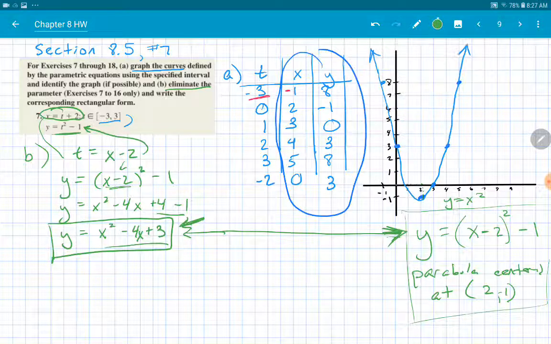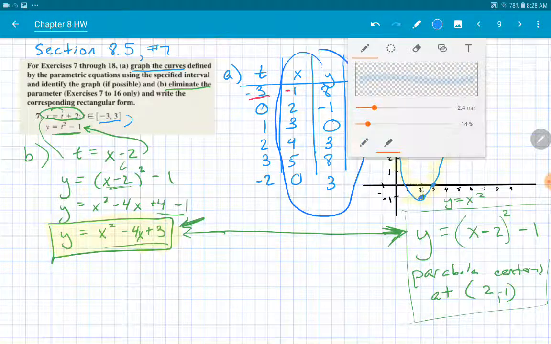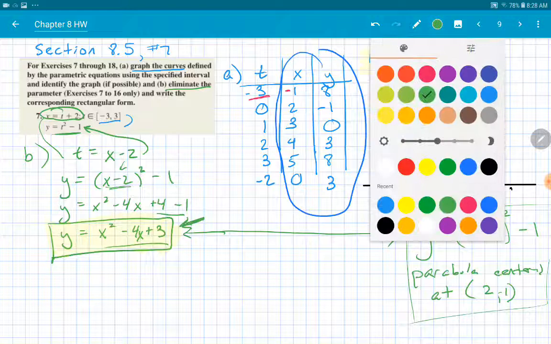So this question had 2 parts, so I'll highlight both those answers. Whoops, wrong color. I like yellow for my answers. One part was that graph with those points, and the second part was the rectangular form of the equation, eliminating the parameter.